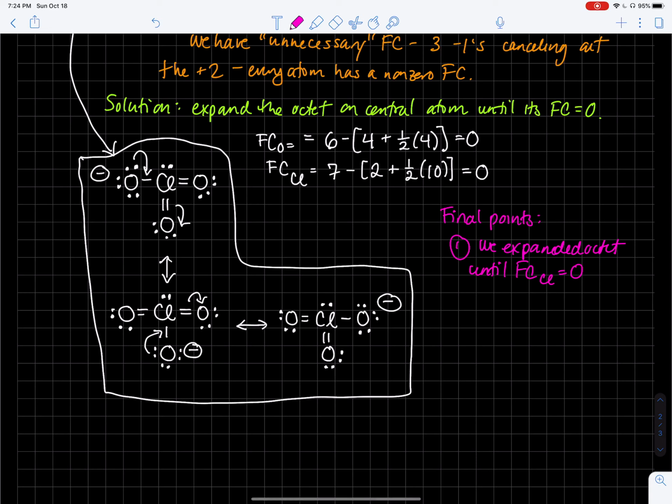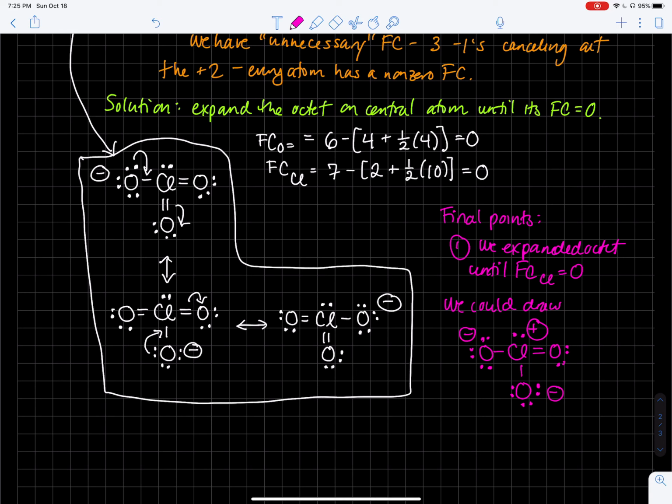We could draw a series of structures that actually stopped short of that, right? So we could do 1 double bond. If we do this, and this is just one of the structures, right? We would have, I'm not going to do this out. You can prove that this is true. You have a plus on the chlorine.